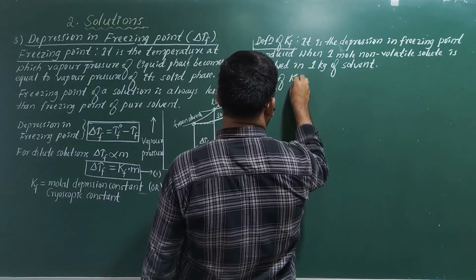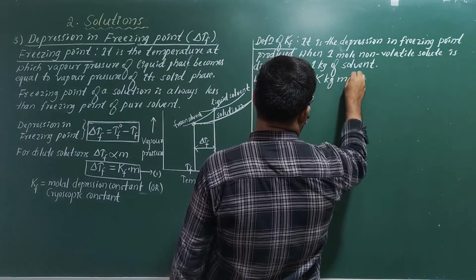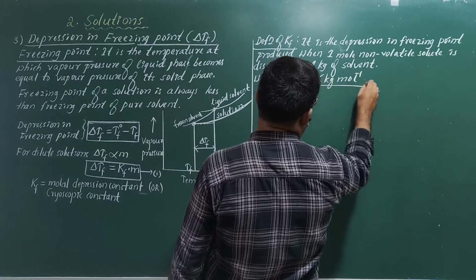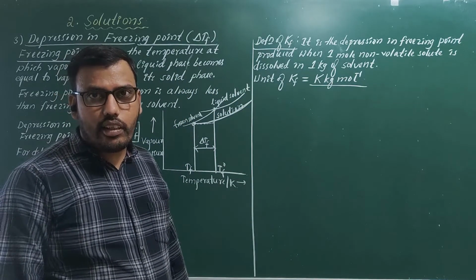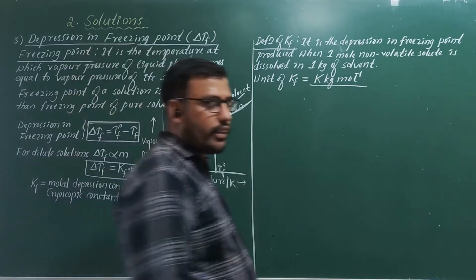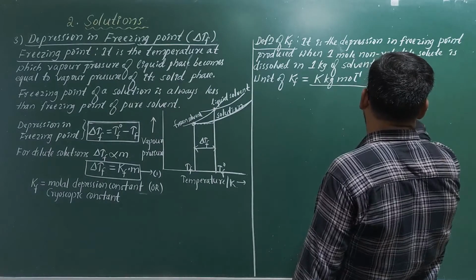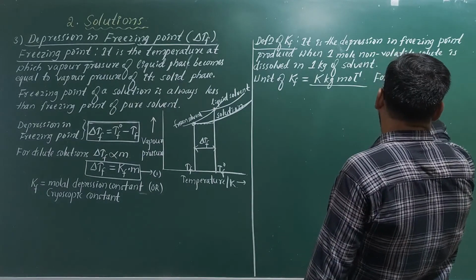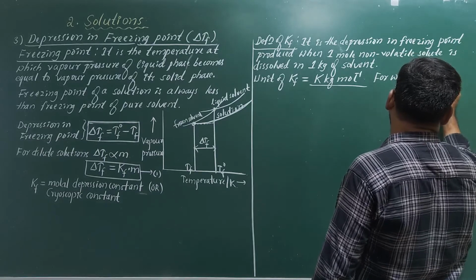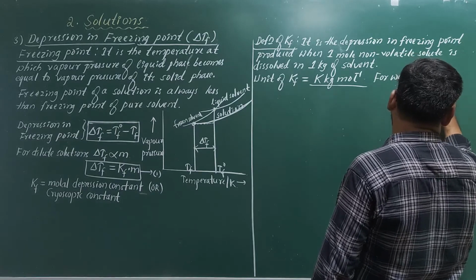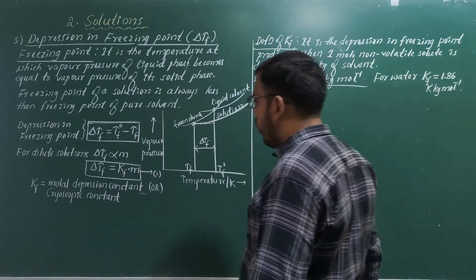And for water, the value of Kf is 1.86. Remember this value, sometimes it may not be given. Then we have to remember it, Kelvin kg per mole.